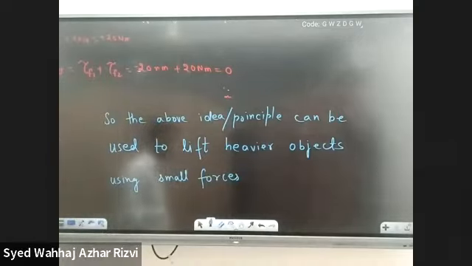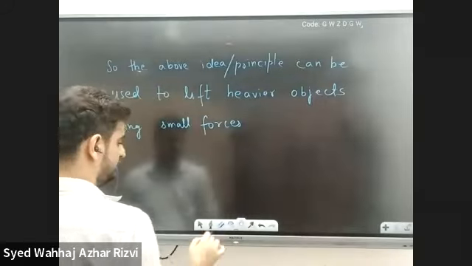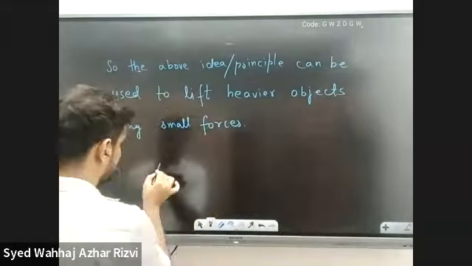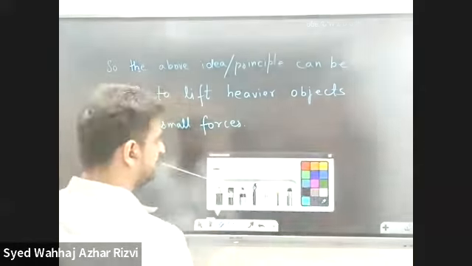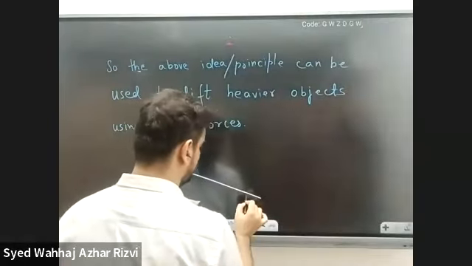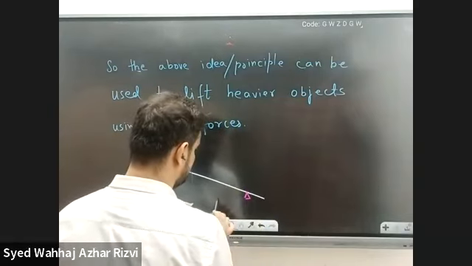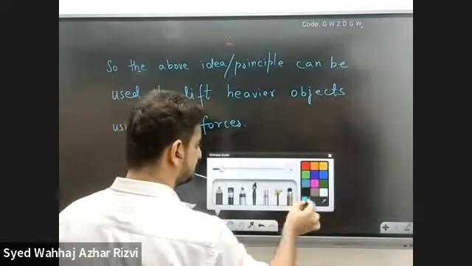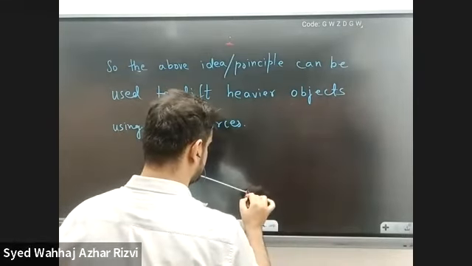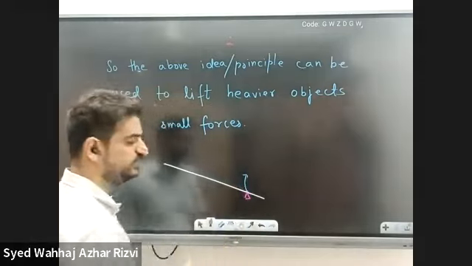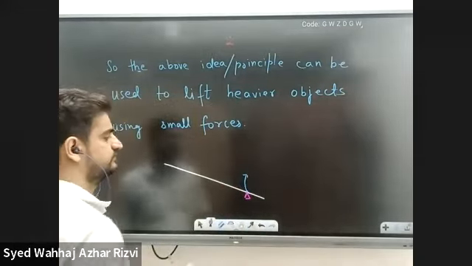Got it? Yes. Okay. For example, we can take a rod like this, and on this rod we can put a stone like this. So putting a stone like this makes this point as what? What is this point? It's the fulcrum. Fulcrum, right?